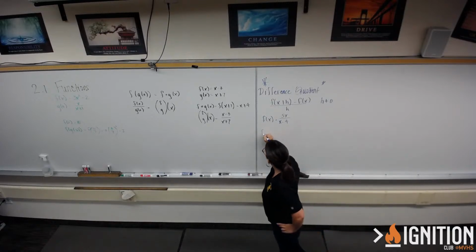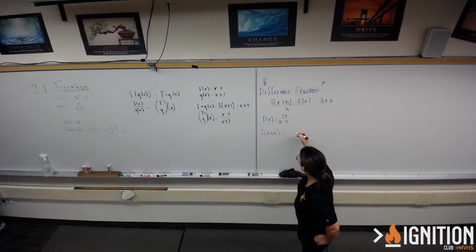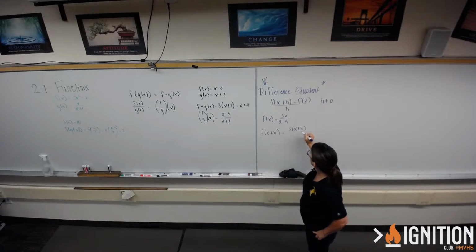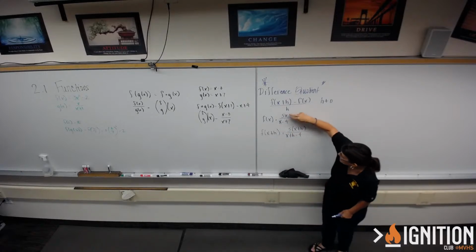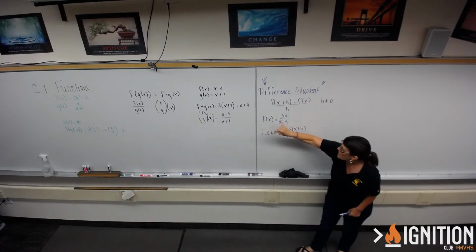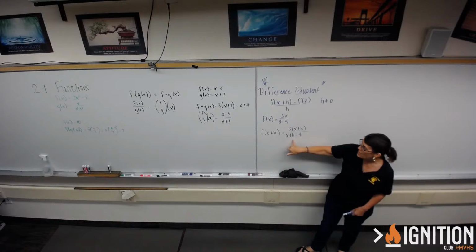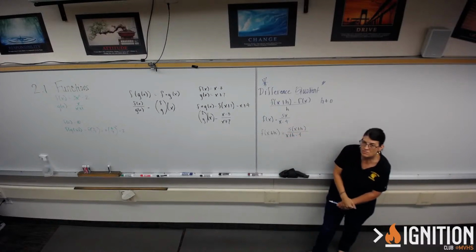So the f of x plus h is 5 parentheses x plus h over x plus h minus 4. x came out, x plus h went in. So this is the f of x plus h.